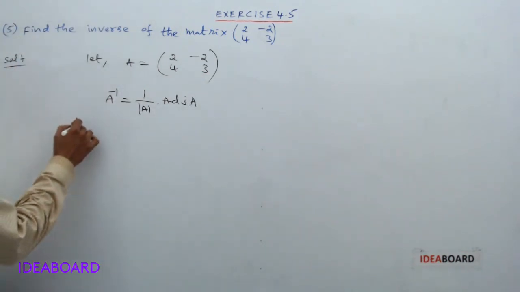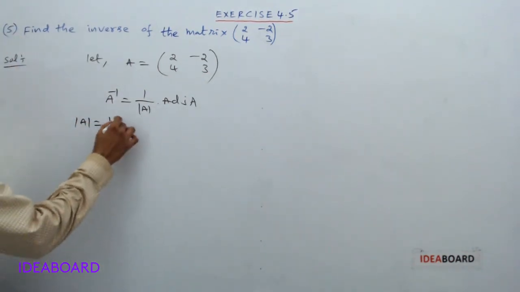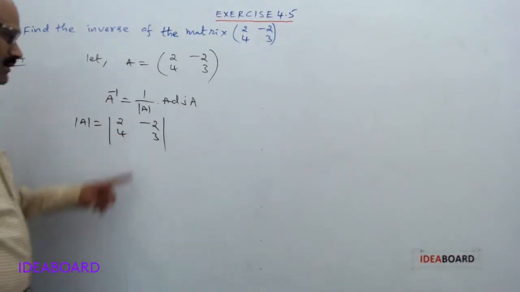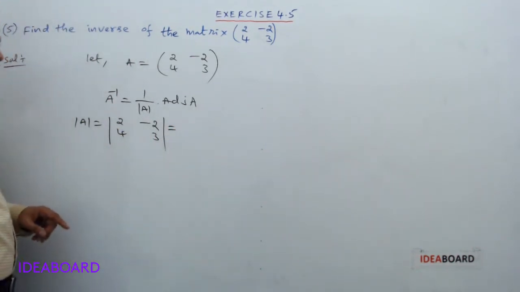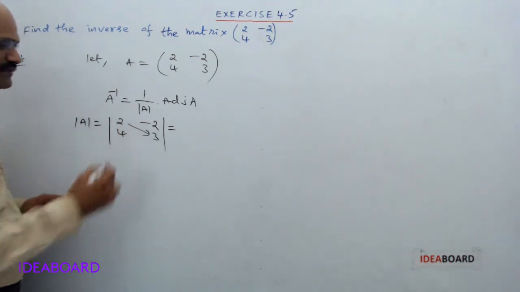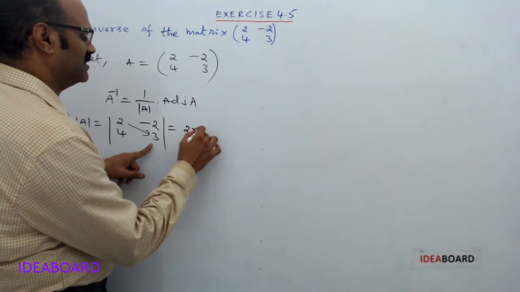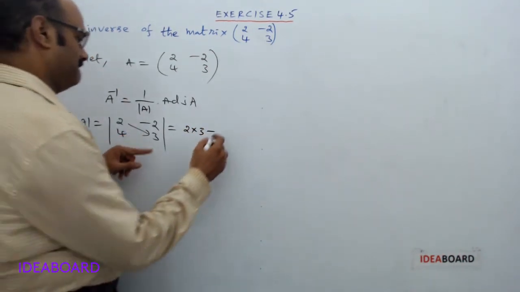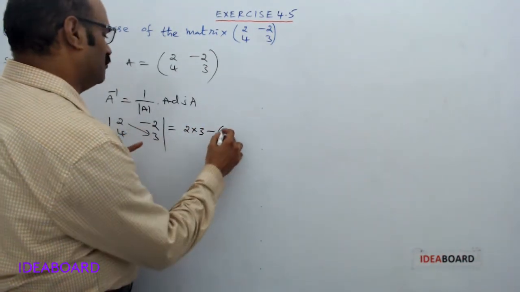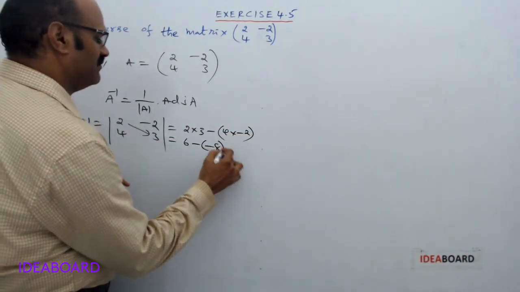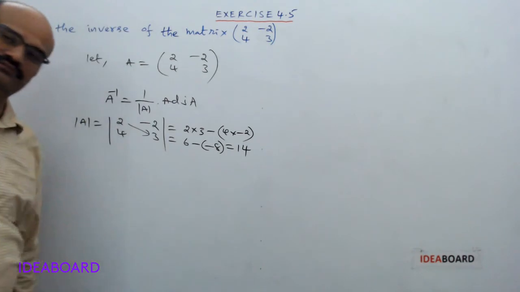Det A equal to the determinant of 2 minus 2 4 3 equal to the product of the principal diagonal elements, 2 into 3, minus 2 into 4, so equal to 6 minus of minus 8 equal to 14.